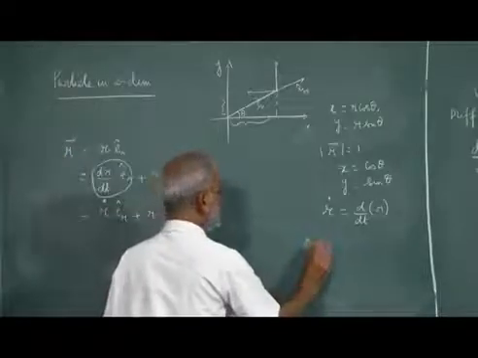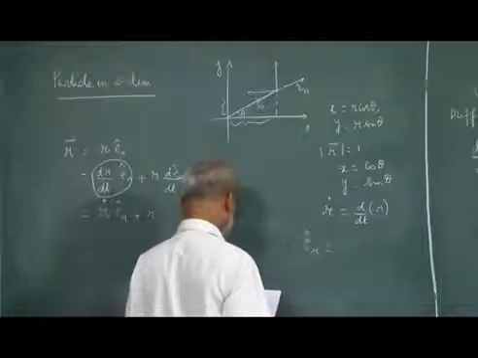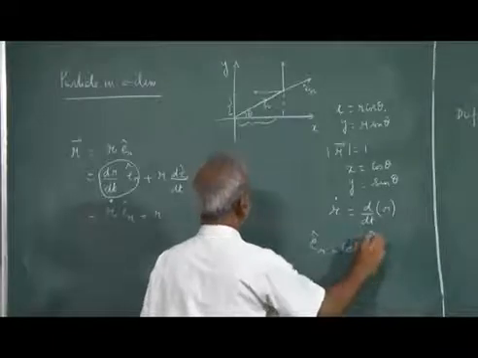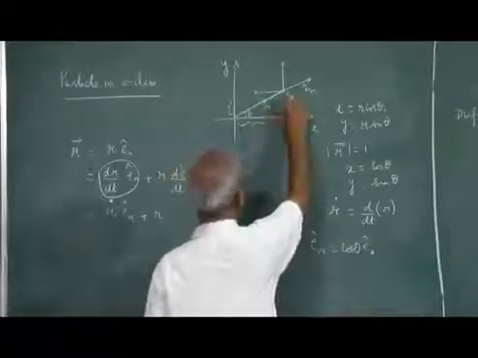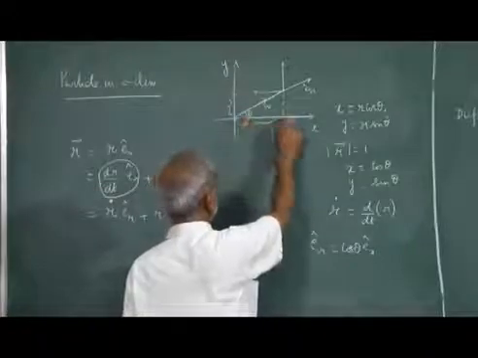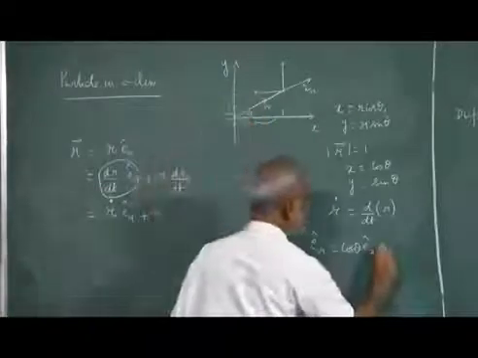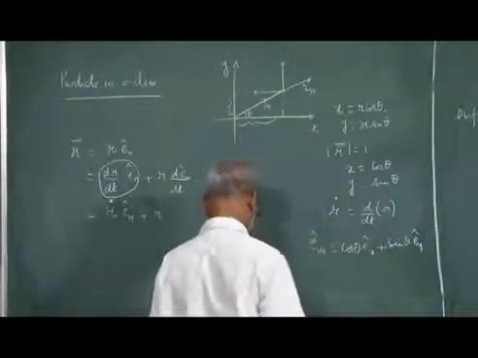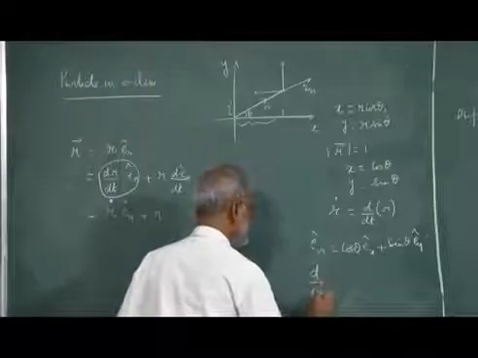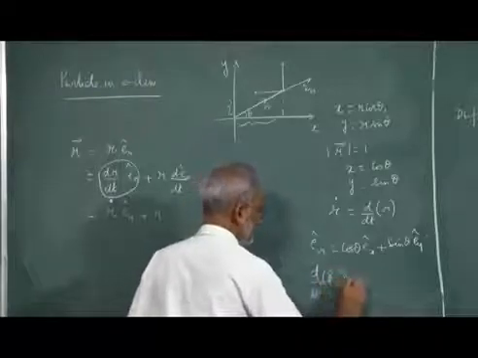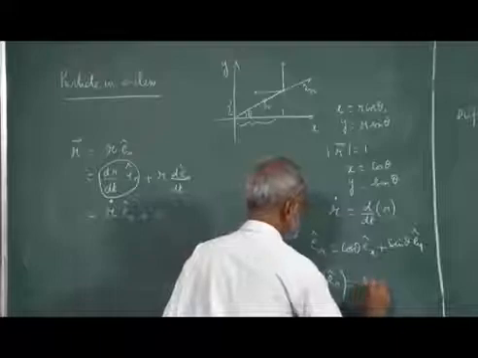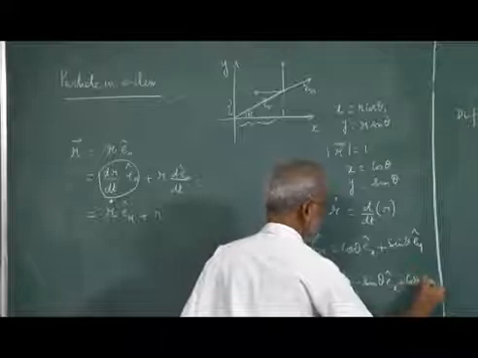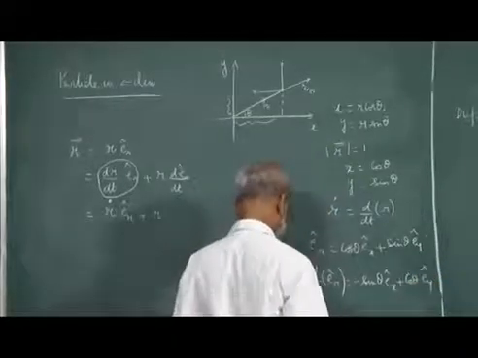So I know my unit vector er, as I said here, is nothing but cos theta times Ex unit vector along this, plus sin theta times unit y. So therefore d by dt of Er is equal to minus sin theta Ex plus cos theta Ey, right.